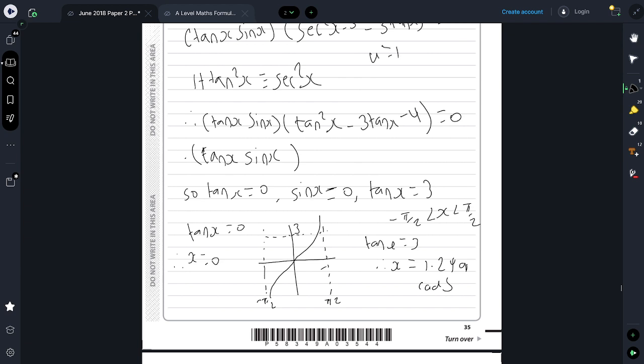If u is tan x, that's the same as saying u squared minus 3u minus 4 equals 0. That I believe should factorize to u minus 4, u plus 1. Minus 4 add 1 gets minus 3, times gives minus 4. So that's the same as saying tan x minus 4, tan x plus 1 equals 0.